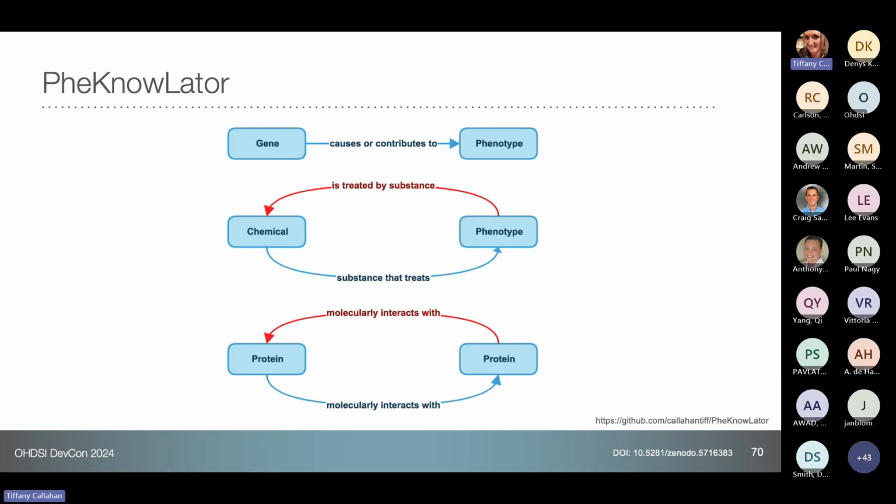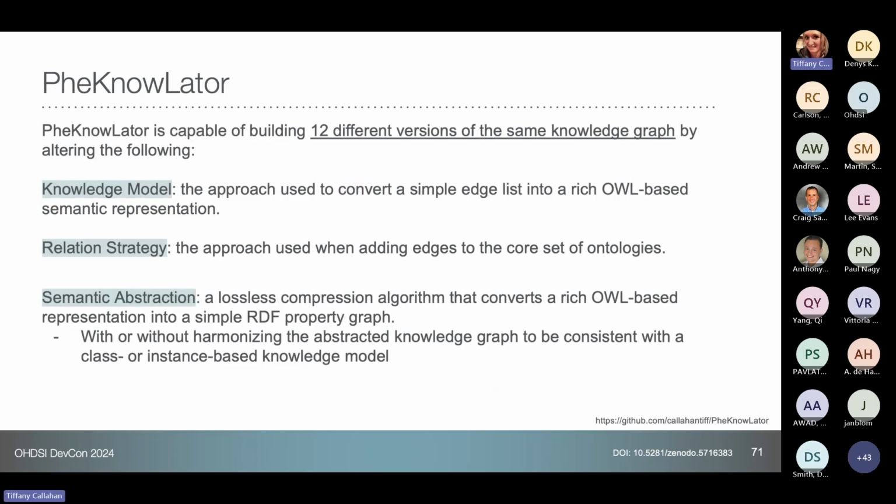If the relation is from something like the Relation Ontology, you will have the edge chemical participates in pathway, and you can infer for free from this ontology that pathway has a participant that's a chemical, so you can get both directions. You can also do inference over implicitly symmetric relations or edge types that represent interactions like gene-gene or protein-protein interactions and infer them for free. So PheKnowLator lets you have access to any of those approaches. Finally, it also enables semantic abstraction.